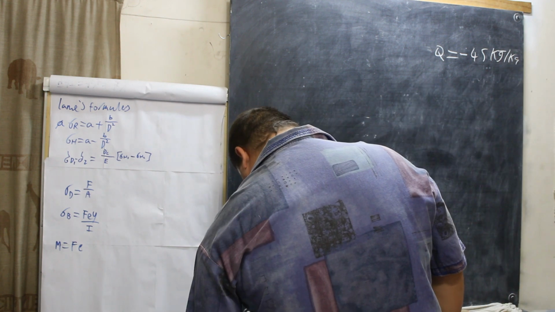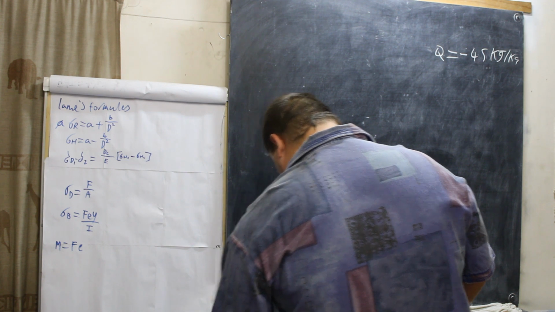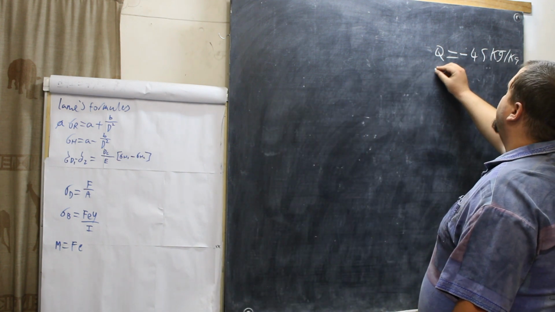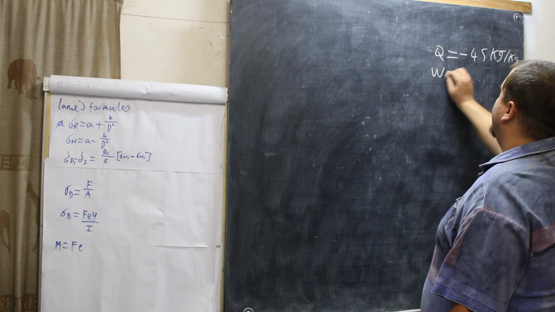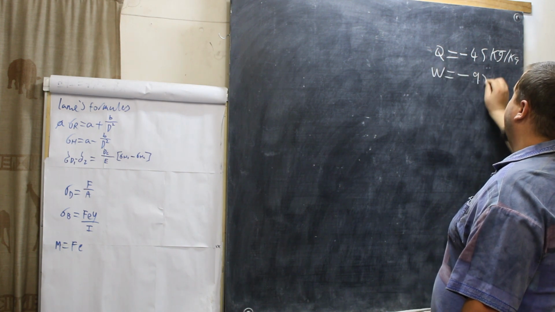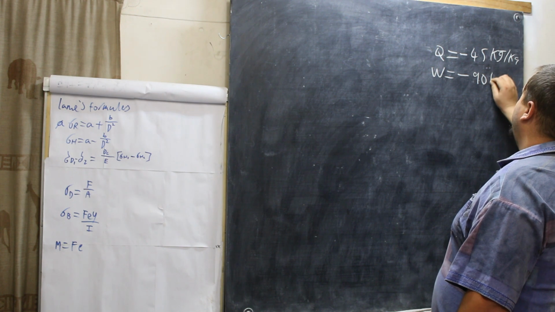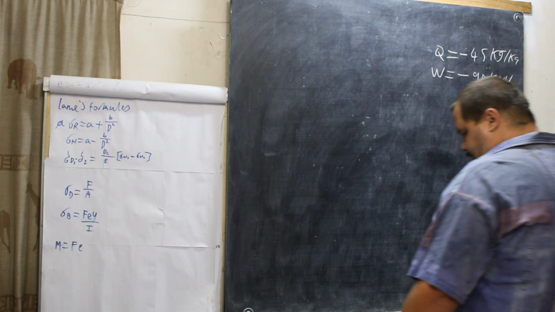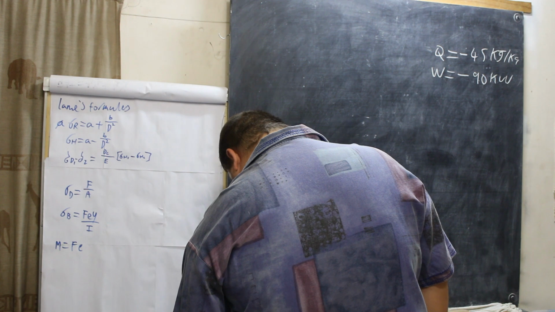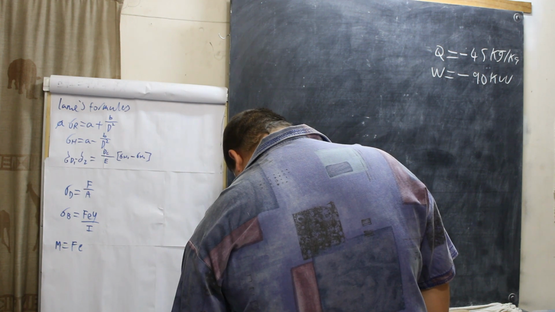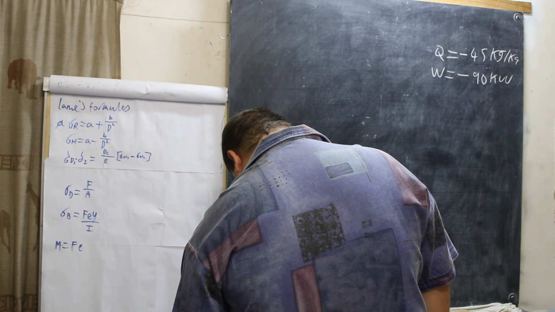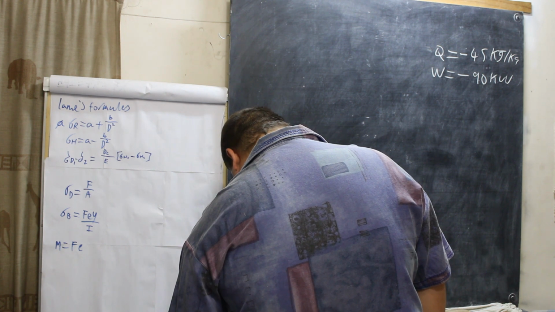The input work is also minus 90 kilojoules. Calculate the change in internal energy of the working fluid, stating whether it is a gain or a loss.